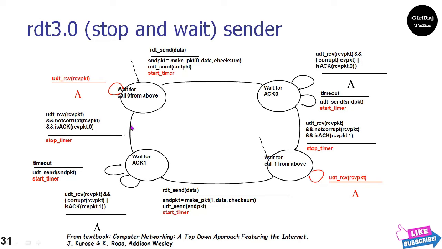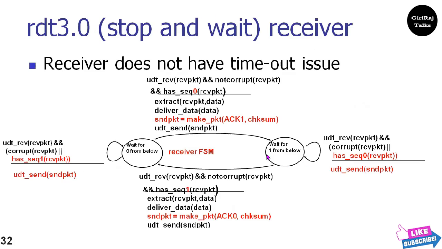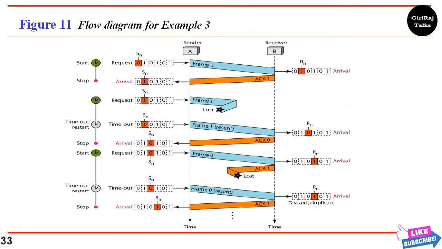Let us just have a glance at this diagram. You can easily understand how that sender side algorithm works. And here, this is the receiver side algorithm. How the receiver side algorithm works, you can easily understand if you have a glance at this slide.